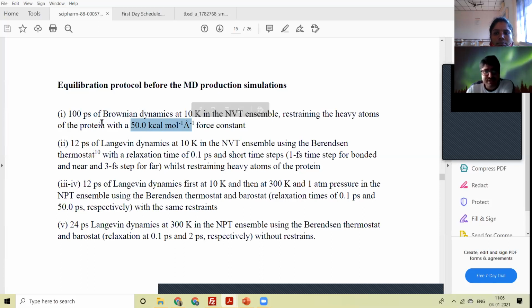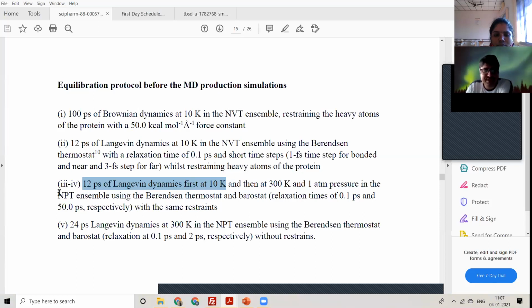So there is a restraint, and then we performed Langevin dynamics with the NVT ensemble using a Berendsen thermostat, where the relaxation time was 0.1 picosecond and the time step was 1 femtosecond. And then we performed 12 picosecond Langevin dynamics from 10 Kelvin to 300 Kelvin, at 1 atmospheric pressure.